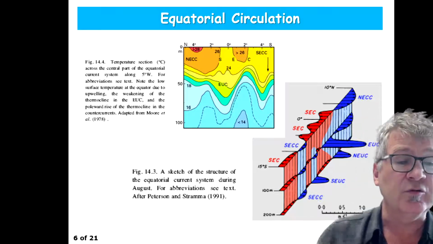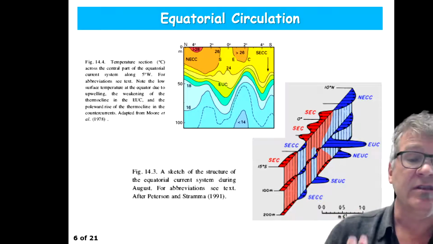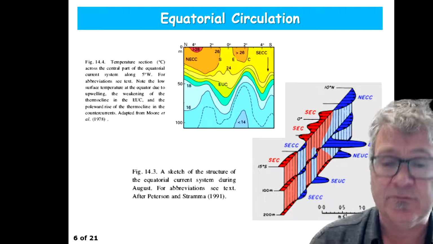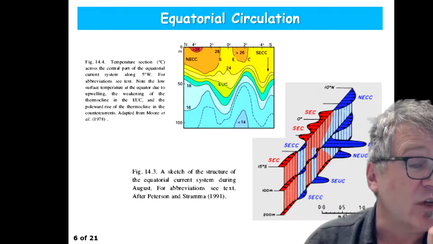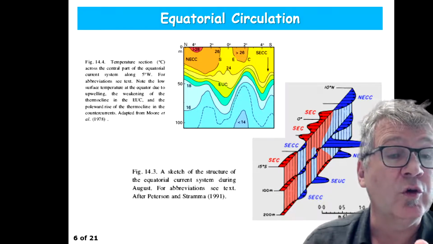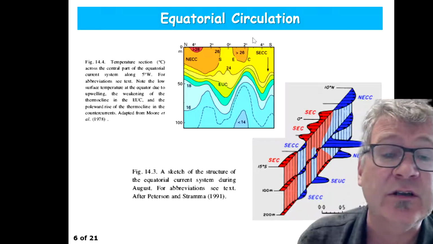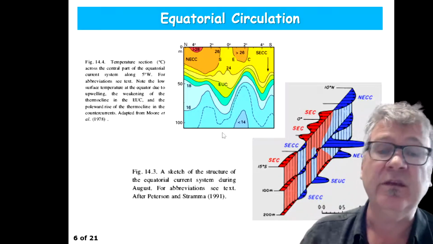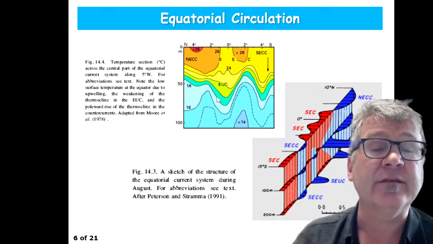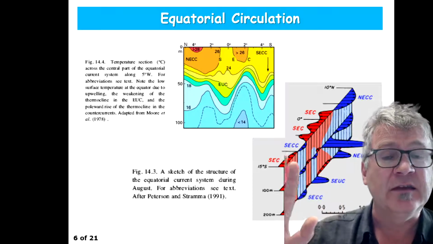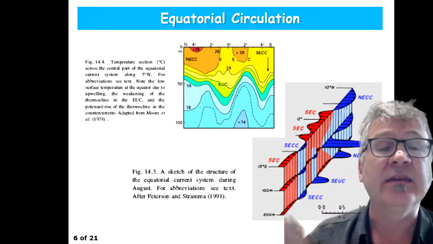You also get countercurrents, undercurrents, and so a very, very complex circulation. Again, this is just for you to note. And I also show you the other image here, with the temperature transect, a vertical transect showing you the temperature field near the equator in the Atlantic Ocean.